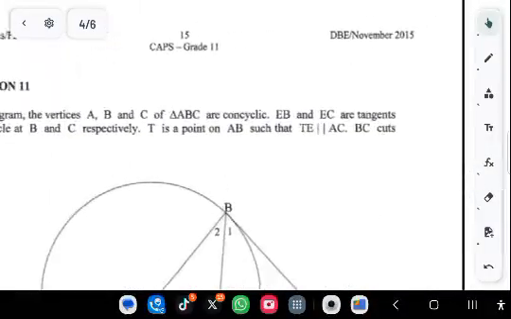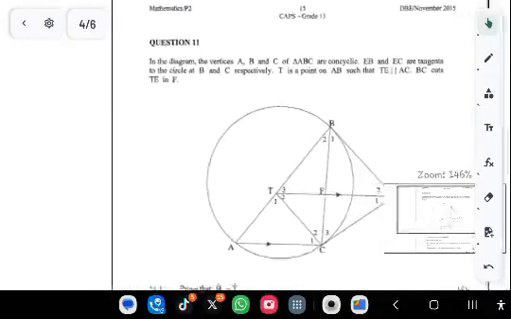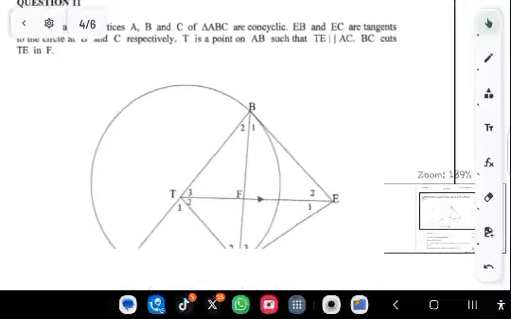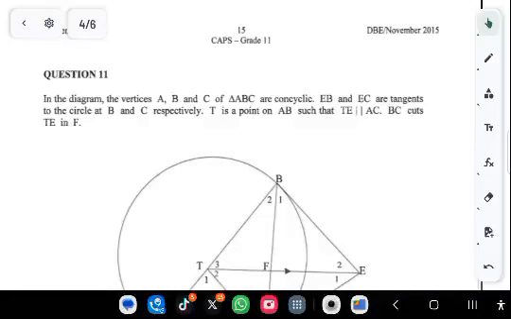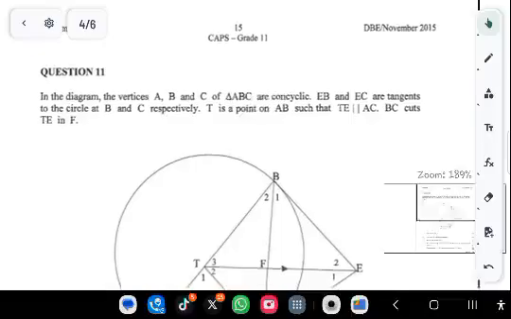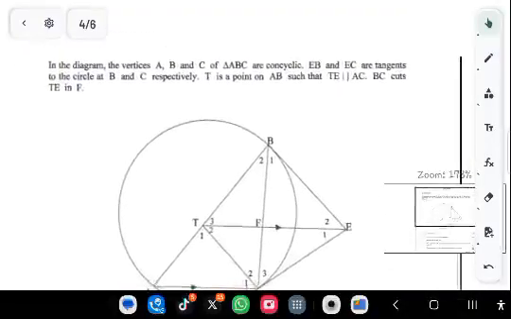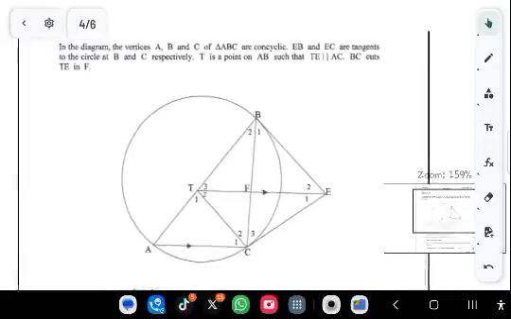This one comes from the November 2015 Department of Education, grade 11 CAPS, paper 2. Question 11 goes, in the diagram, the vertices A, B, and C of triangle ABC are concyclic, meaning they lie within the same circle.